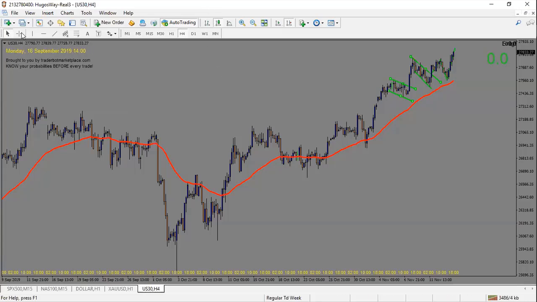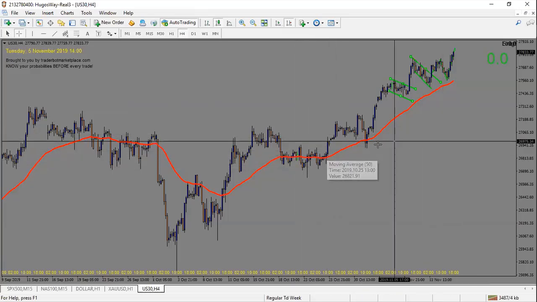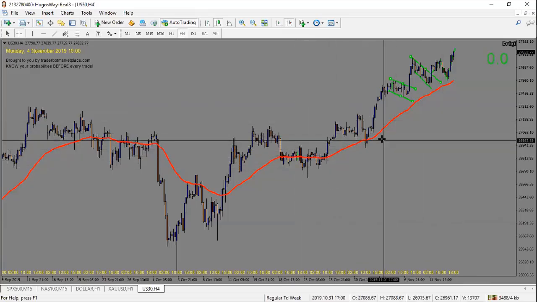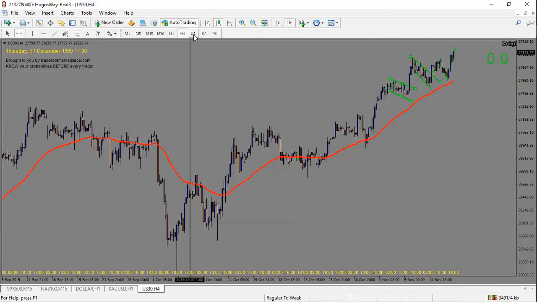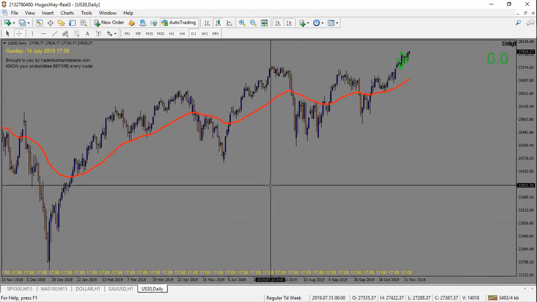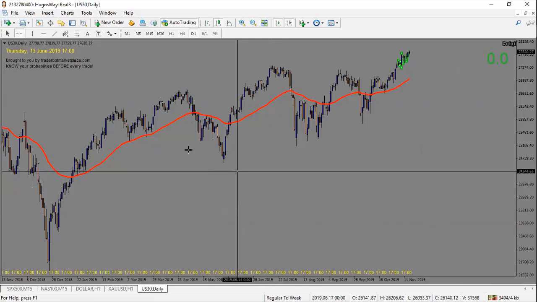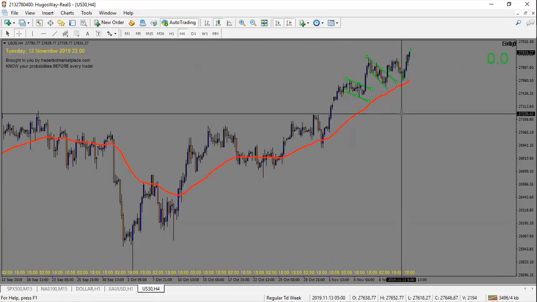So you've got a double bottom here, right? It broke past a little bit. Let's say this retest, and we're going to call this retest a buy. And why do we take the buy? Because like I showed you earlier, let's go back to daily. It's been on a continuous uptrend, right? So when you see a pullback on the 4-hour, definitely look to buy it back up.